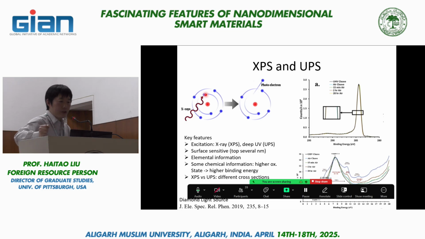On the right-hand side, I show typical XPS data on the top, and also UPS data on the bottom. Let's see if I can move this. So the UPS data in particular is interesting in that it shows a lot more chemical information that you do not see.